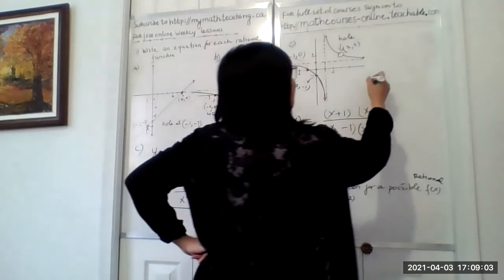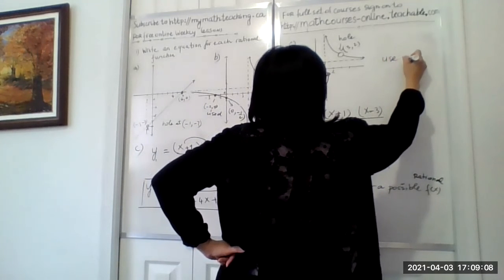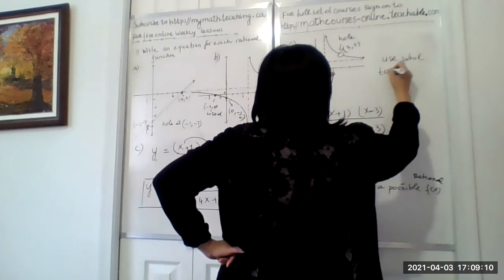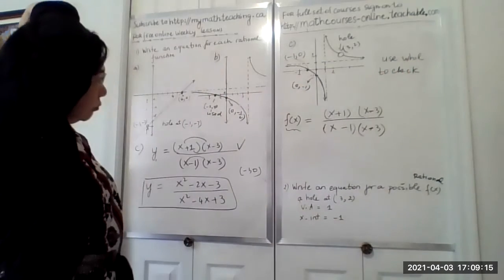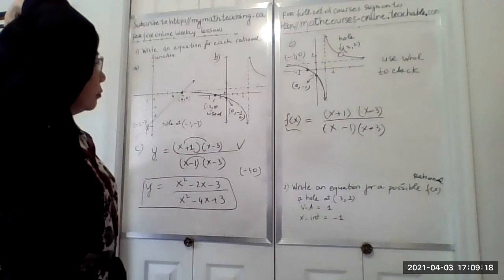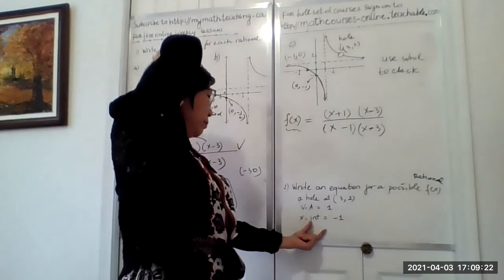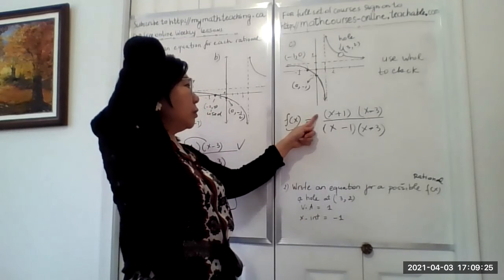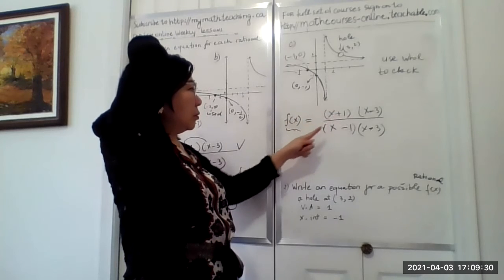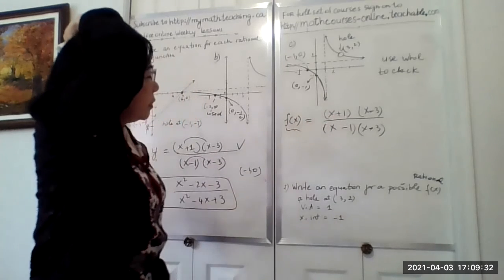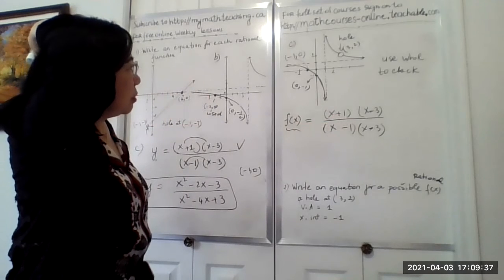So let's use the hole to check our equation. Now we do have an x-intercept equal -1, so we have a situation like this: x plus 1, 0. Okay, let's say this is the correct equation. We'll check the hole to see if it works.